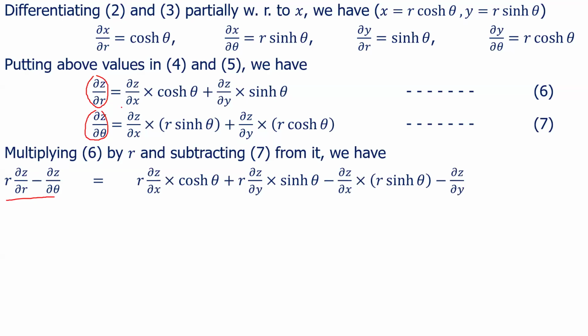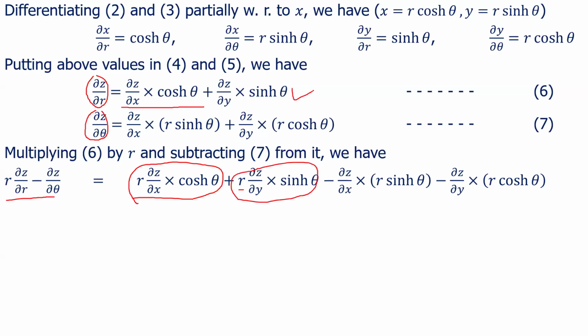We multiply by r: r del z del x into cosh theta plus r del z del y into sinh theta. This is the first part. Now the second part: del z del x into r sinh theta, minus del z del y r cosh theta, with a minus sign because we subtract it.